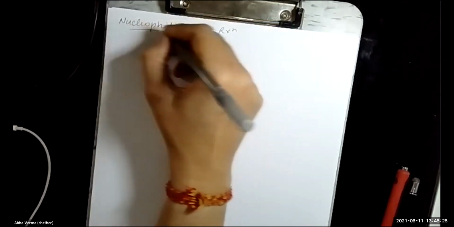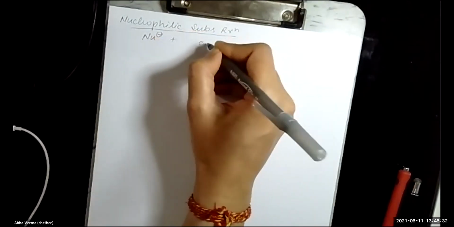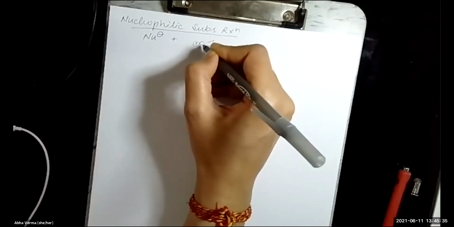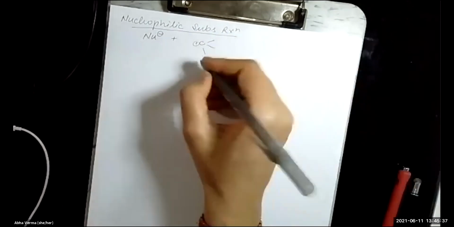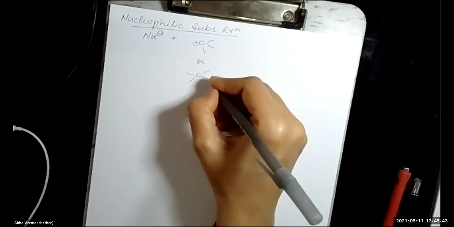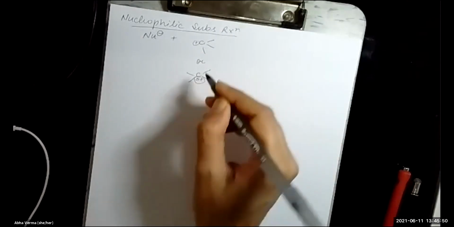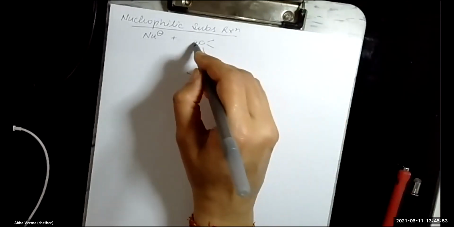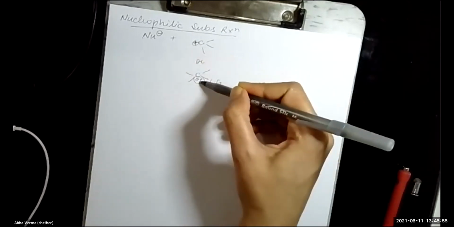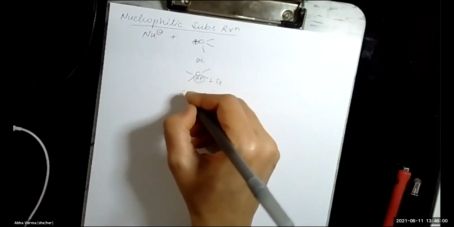What does this mean? A nucleophile is an electron-rich material. You will have a substrate where there will be an electron-deficient atom, or you will have a leaving group on your atom, which will make this carbon electrophilic. So this is a complete formal charge, and this is a partial positive charge. So this is your substrate.